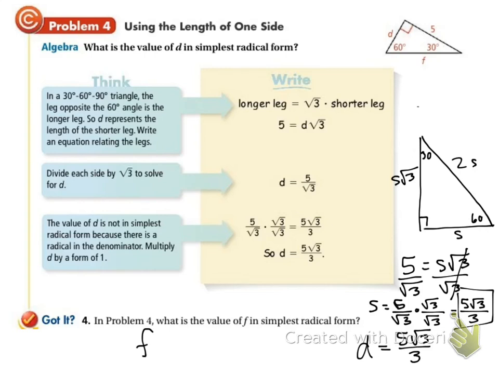So F is equal to 2 times 5 root 3 over 3. And to multiply those, I'll write 2 as a fraction, so 2 over 1. On top, 2 times 5 is 10, so this is 10 root 3 over 1 times 3 is just 3. I can't simplify this. 10 can't be divided by 3. So F is equal to 10 root 3 over 3.